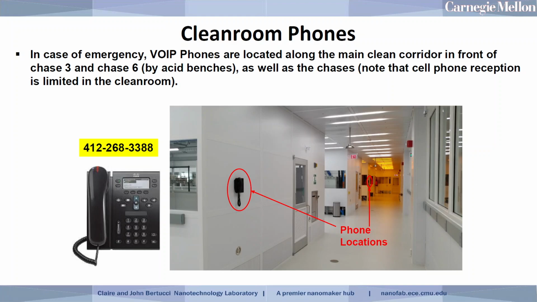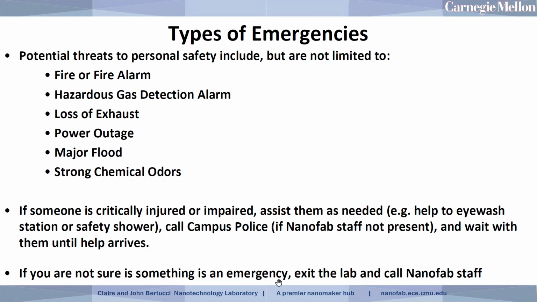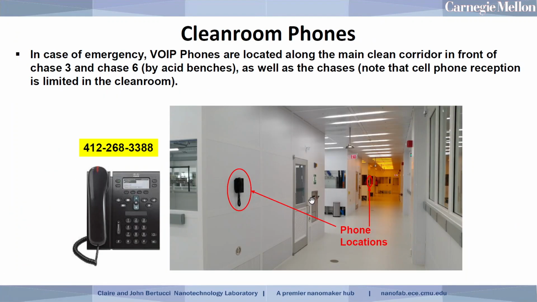But for actually placing phone calls, we have corded phones inside the lab in front of chase 3, which is shown here, and then chase 6 over by the acid benches, and then inside the chases as well.